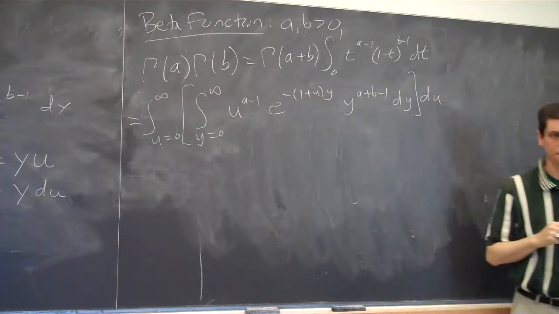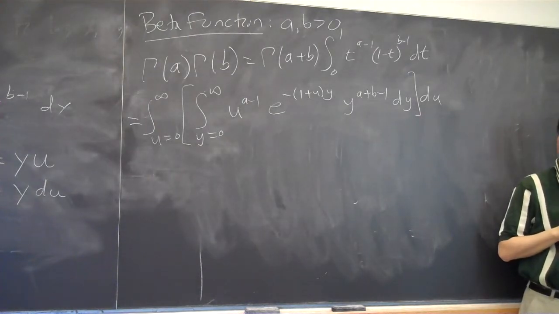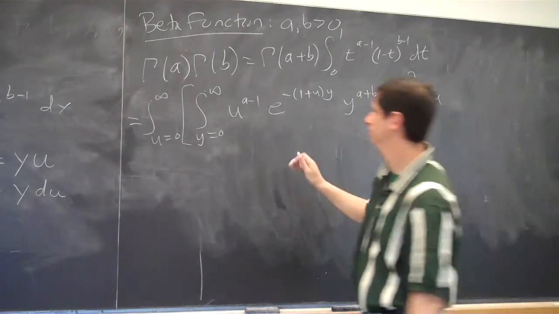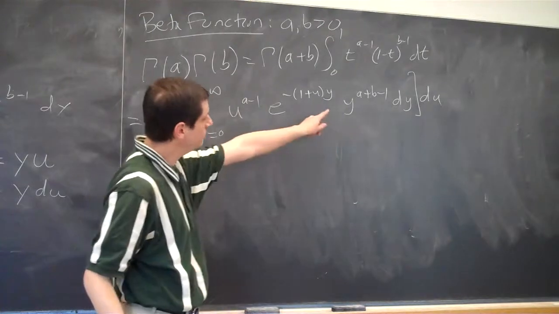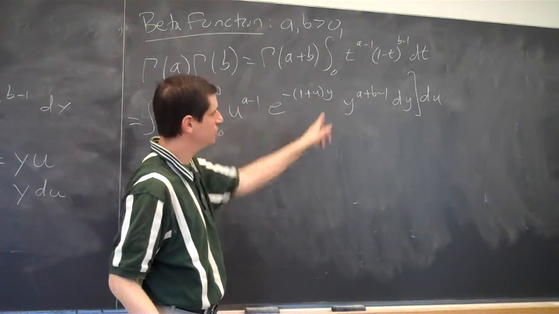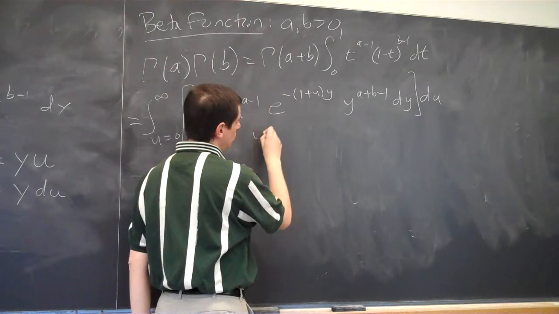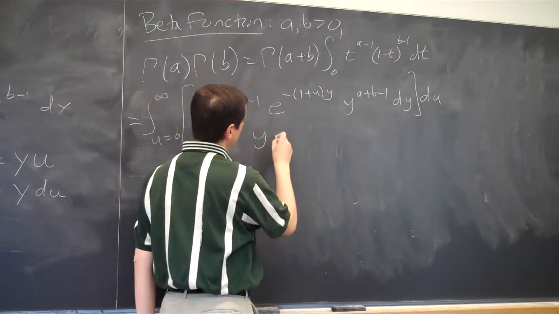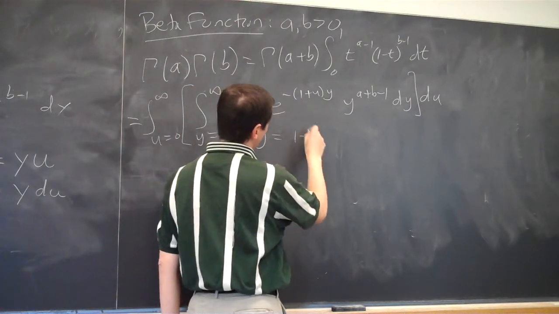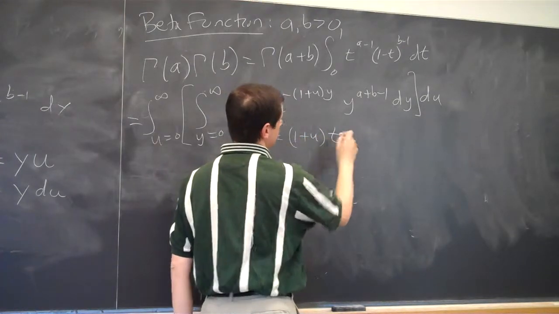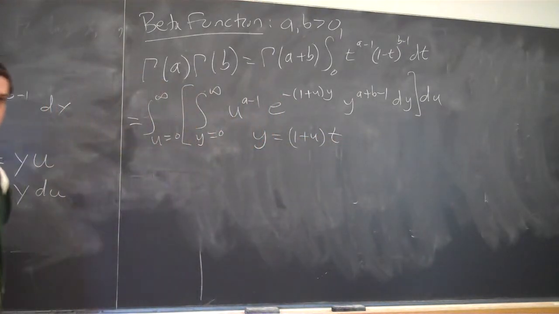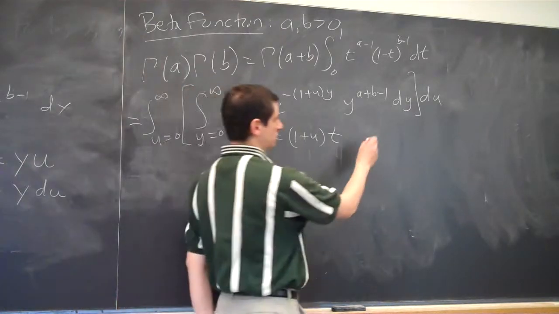And now we change variables. So we want to replace y with 1 plus u times y. So let's let y equal 1 plus u times t. And now what would dy equal?